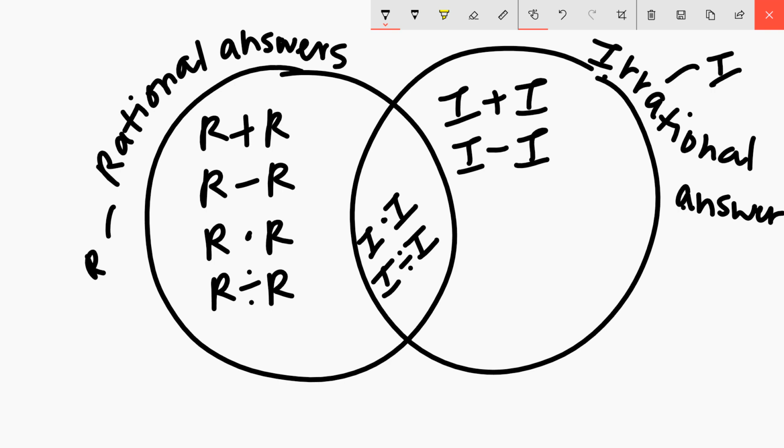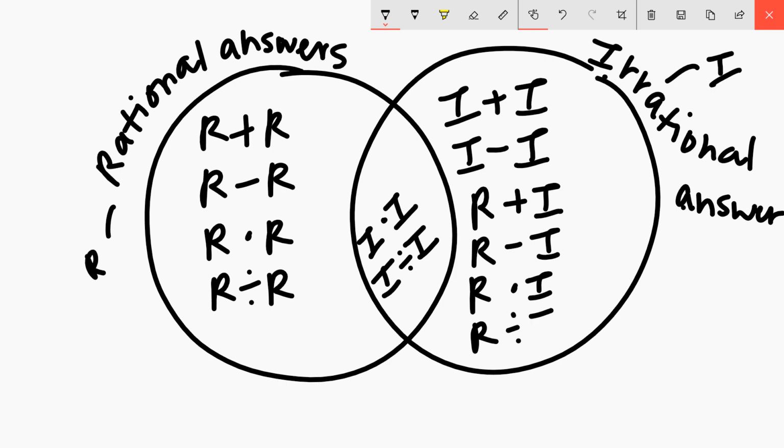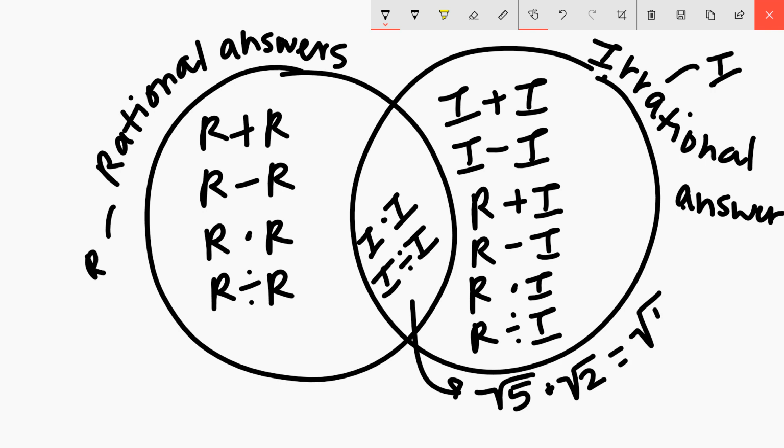But remember that if I mix in a rational plus an irrational, or subtracting, multiplying, or dividing an irrational, I will get irrational answers. My special case here was, remember, if I took the square root of 5, which is irrational, and multiplied it by the square root of 2, which is also irrational, I get the square root of 10, which is still an irrational answer.